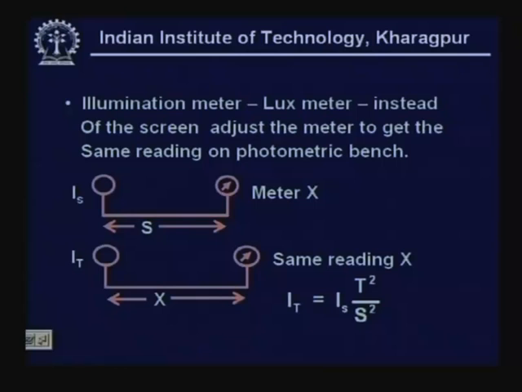So, what do we find? What we do on a photometric bench, we locate the standard lamp, and at a certain distance s, we get say a reading on the lux meter of x.